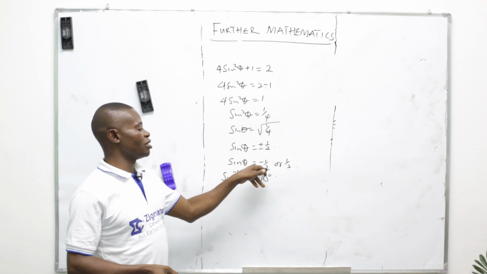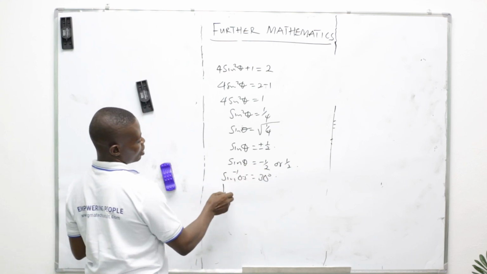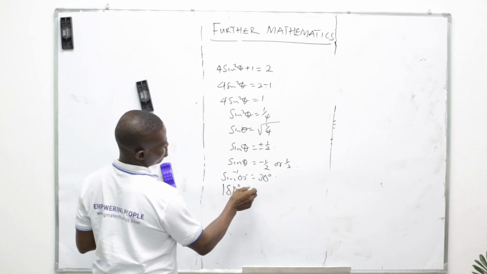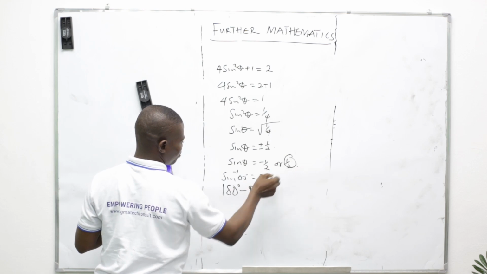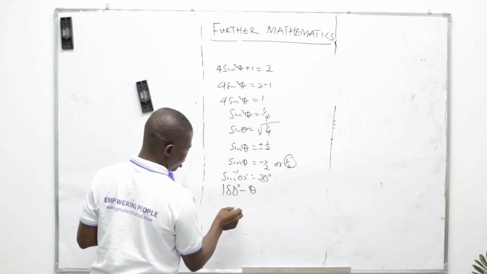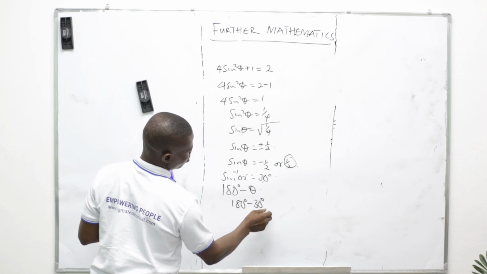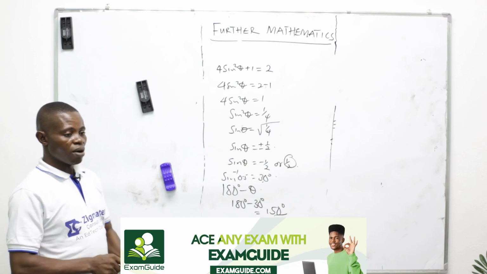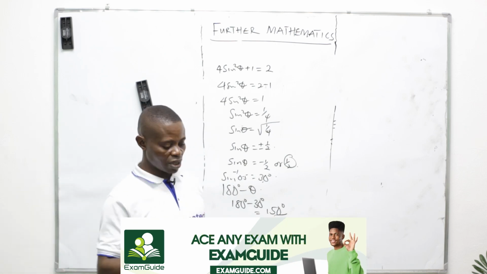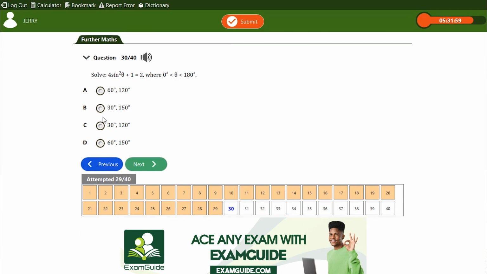And if one's value is minus, it means second quadrant. And in the second quadrant, 180 degrees minus theta. If the one for positive is 30 degrees, the one for negative will now be 180 degrees minus 30 degrees equals what? 150 degrees. So our theta is what? 30 degrees and 150 degrees. Okay.